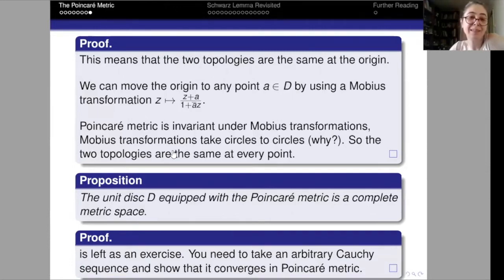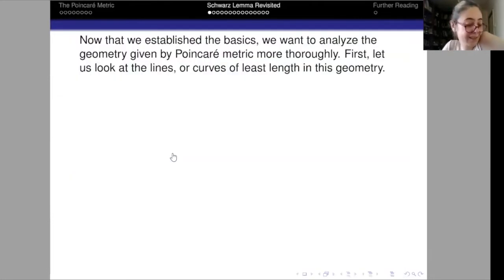For that, you will need the distance formula, but apart from that, it's a classical exercise about series. Now we have established the basics. We want to analyze the geometry given by the Poincaré metric.